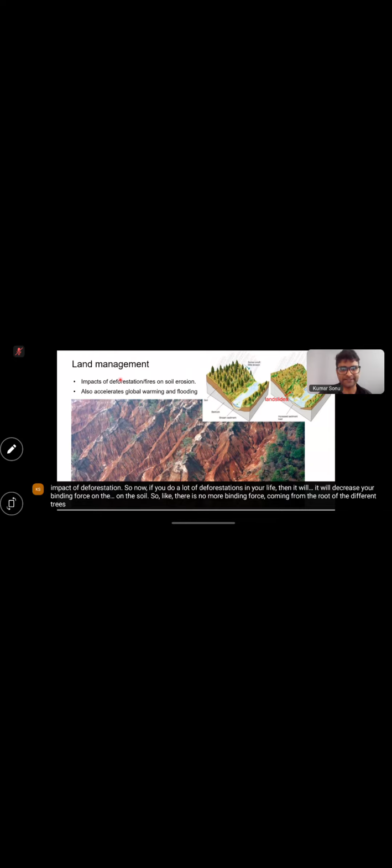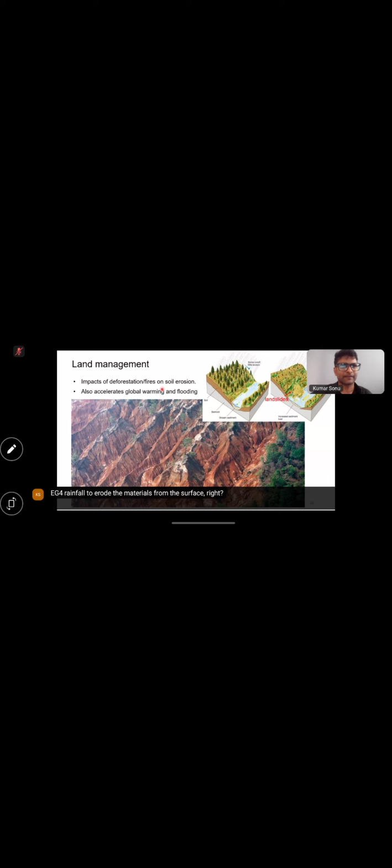Now we have land management, which means how you can manage the land in a proper way to reduce soil erosion. Regarding the impact of deforestation, if you do a lot of deforestation, it will decrease the binding force on the soil. With no more binding force from the roots of the trees, it is easy for rainfall to erode the materials from the surface, right?